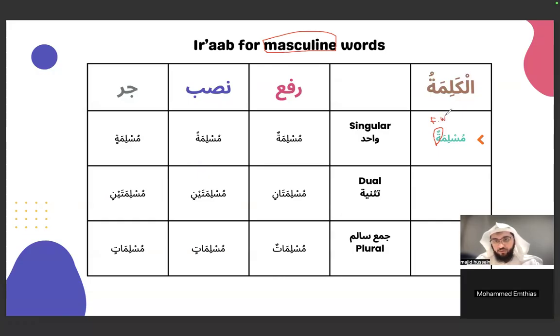Now, in the state of wahid, in the category of nasab, it will remain the same. Muslimatun, muslimatan in the state of nasab, and muslimatin in the state of jar. The ta marbuta will not fall because that's the identity of the word.